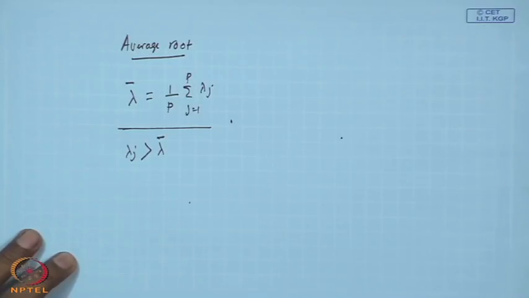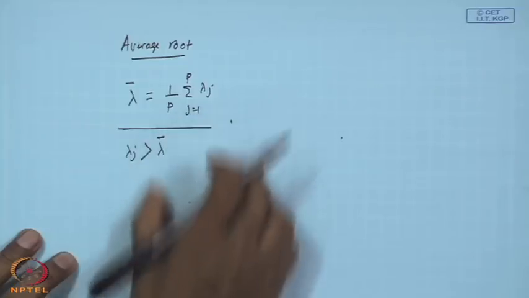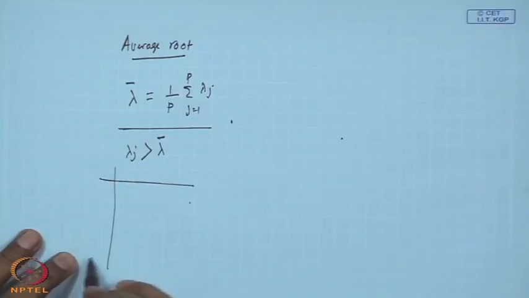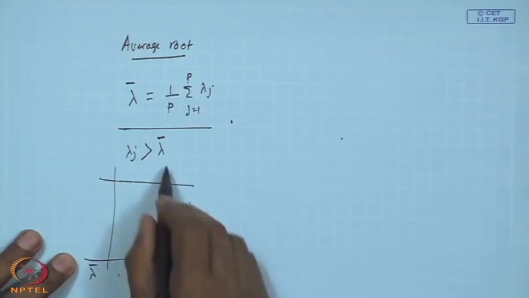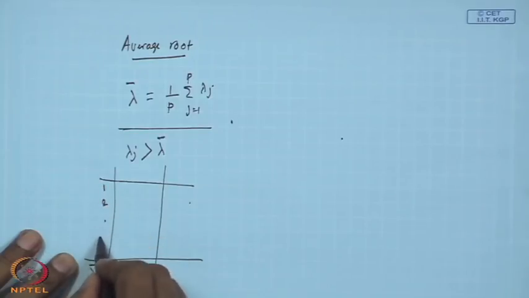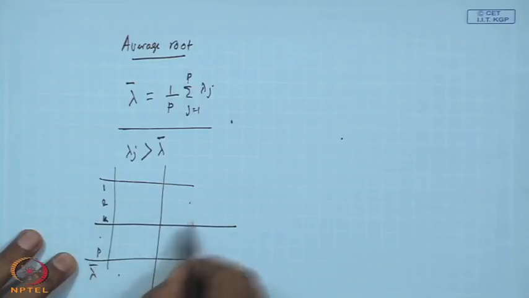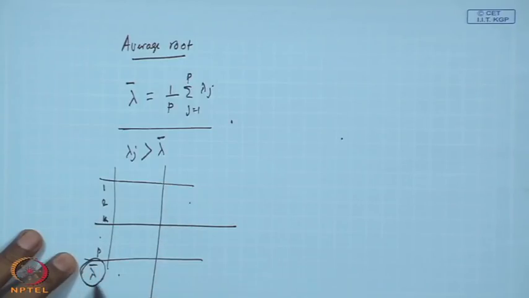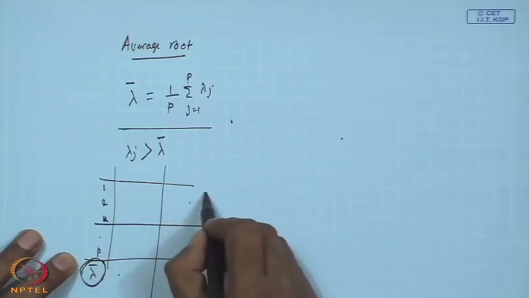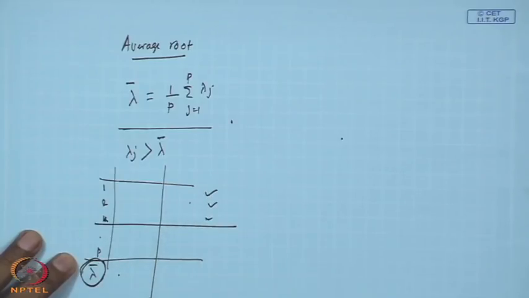That means you have extracted p components, find the lambda bar, then check, suppose k components have value greater than lambda bar, these many will be kept. Understood?